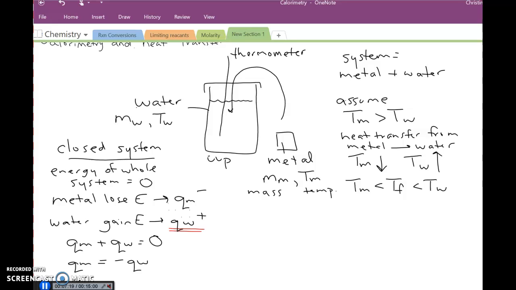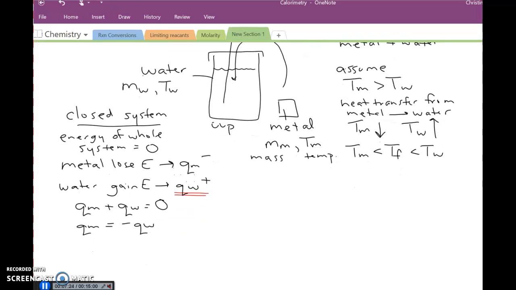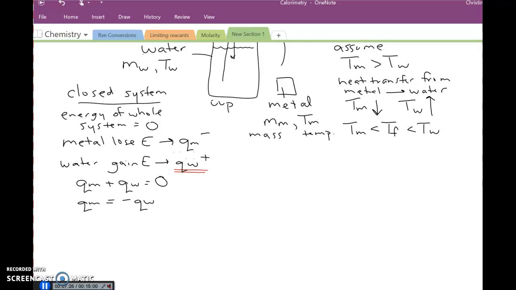All right, so now we're going to use this to figure out an example.